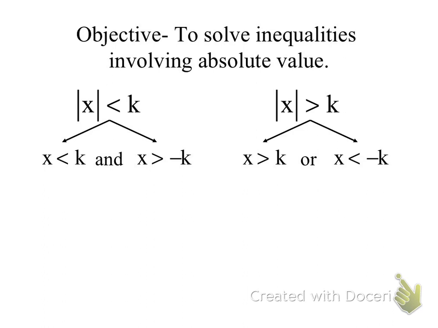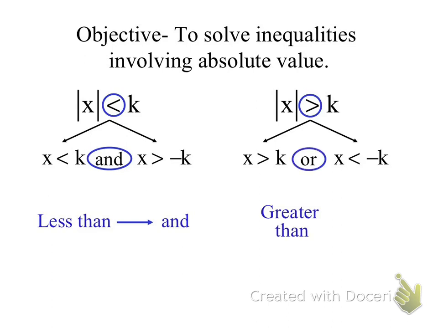Good. Now, there's a quick way to remind yourself, a little trick. When the less than is touching the absolute value, it's always going to be an and. And how do I remember that? Less than is always touching the absolute value in an and statement. And when greater than is touching the absolute value, it is an or statement.